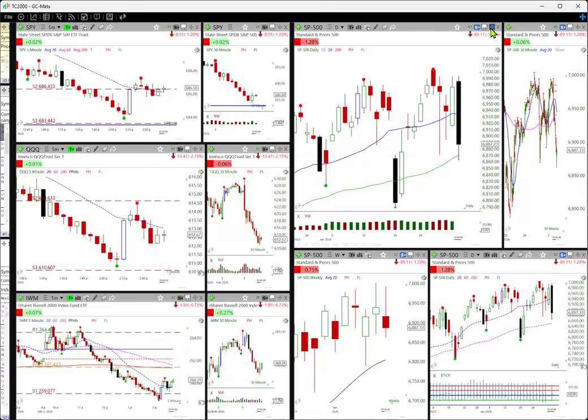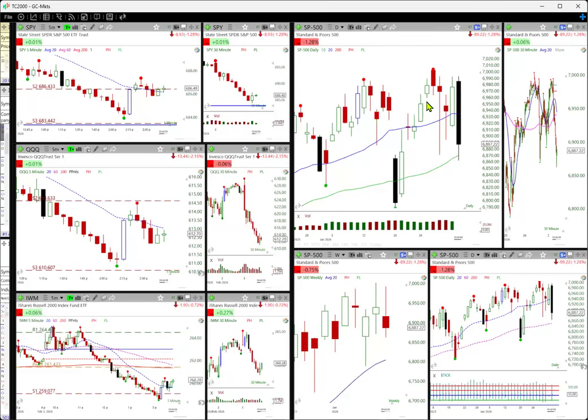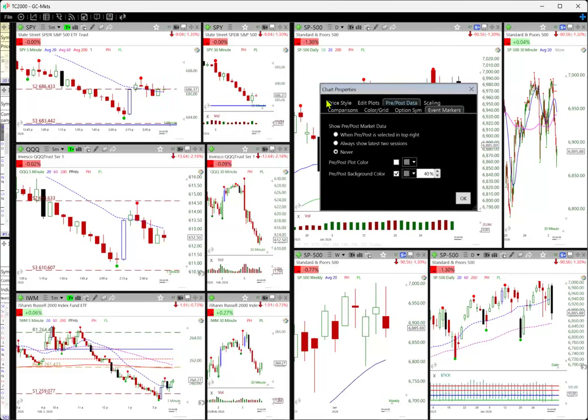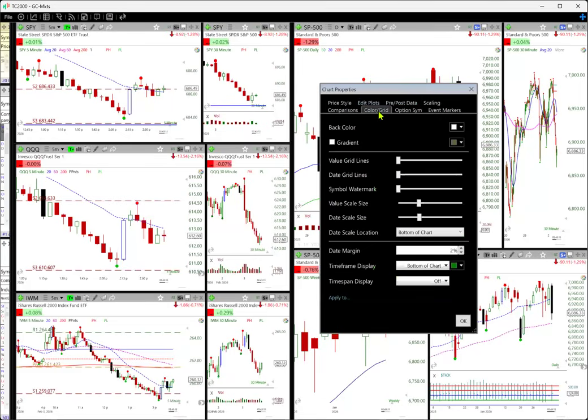Anyway, maximize. That's ridiculous. Wherever they put that thing to increase that, it used to be easy to find. I guess a color grid. That's one more, date scale.